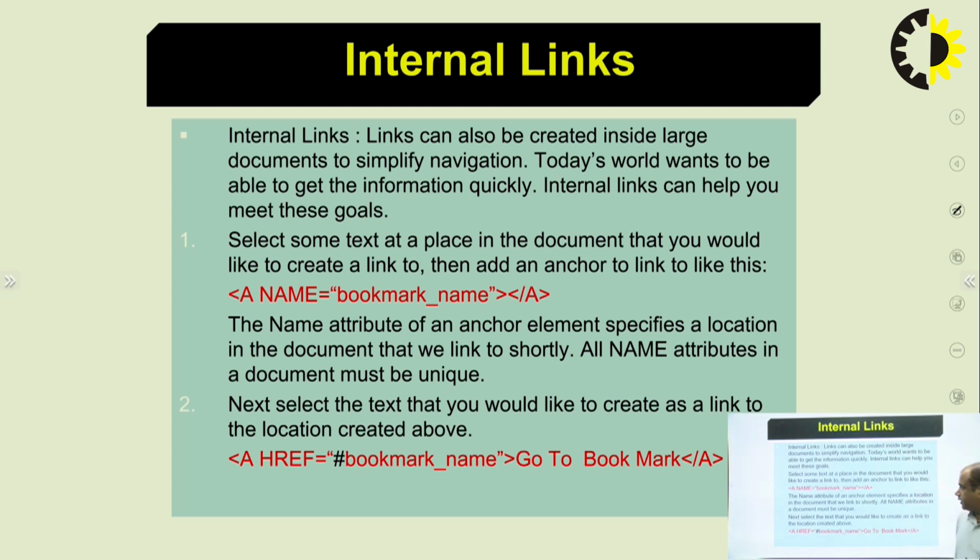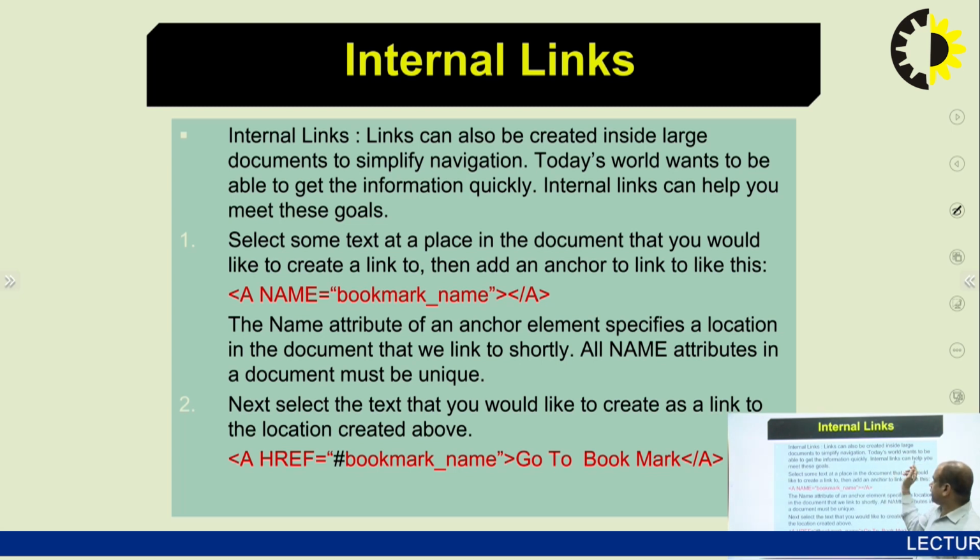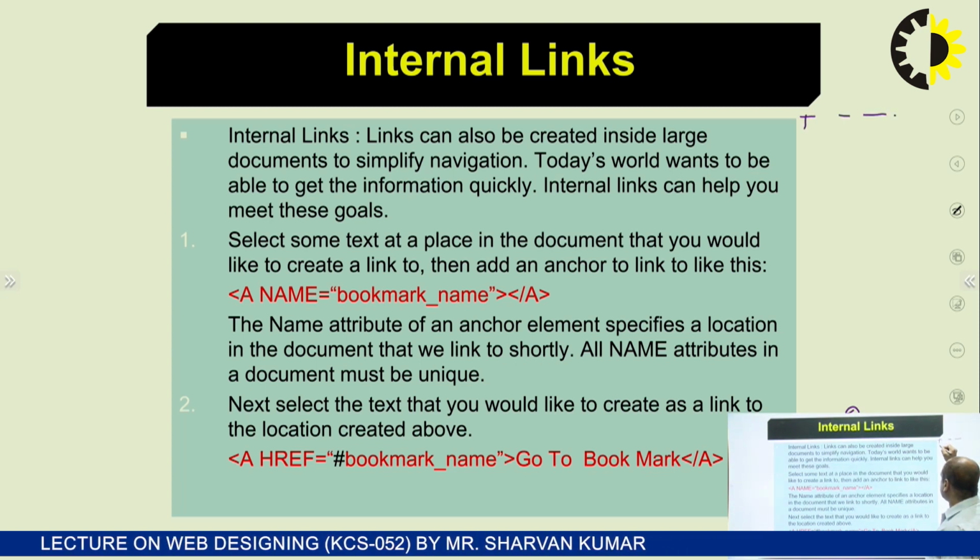An internal link can be created inside a large document to simplify navigation. In most cases you see a menu bar at the top, and that menu bar defines the links, and each link opens that particular page or section. So that defines an internal link. For an internal link, in the href you define a hash symbol, and there is also the name attribute. The name attribute marks the target, so once you click the hyperlink it goes to that particular place on the page.